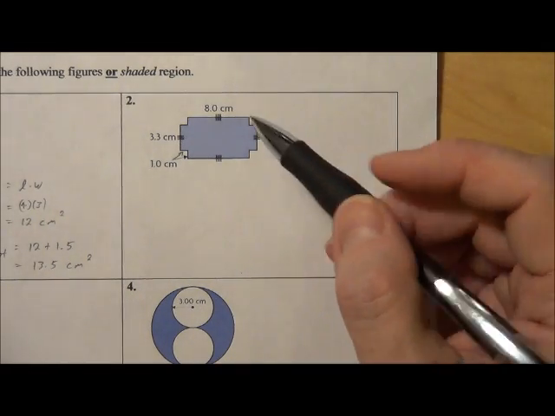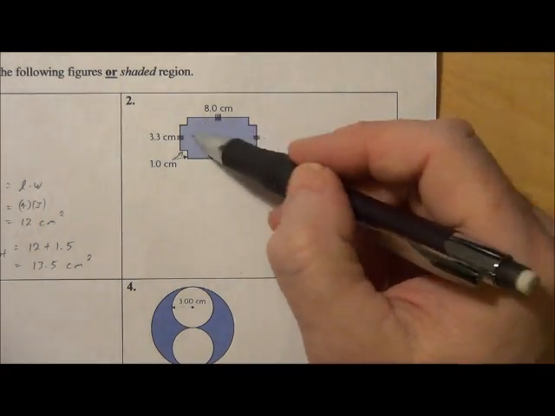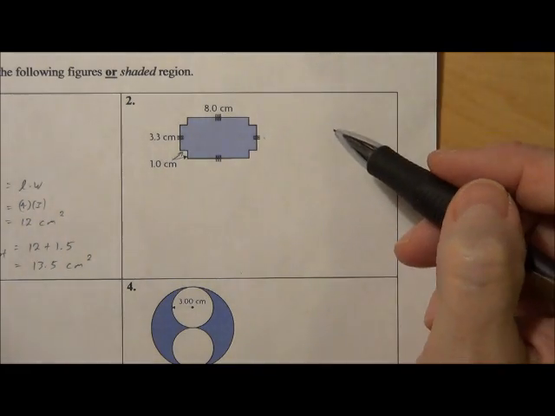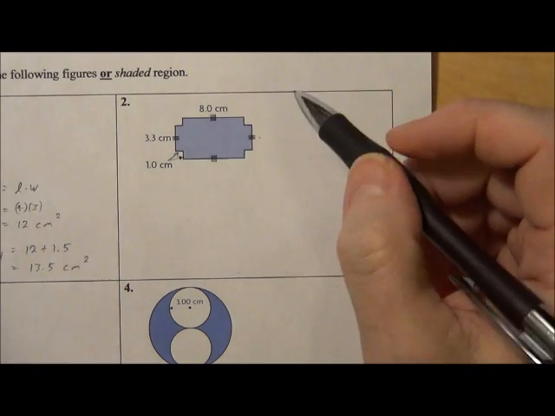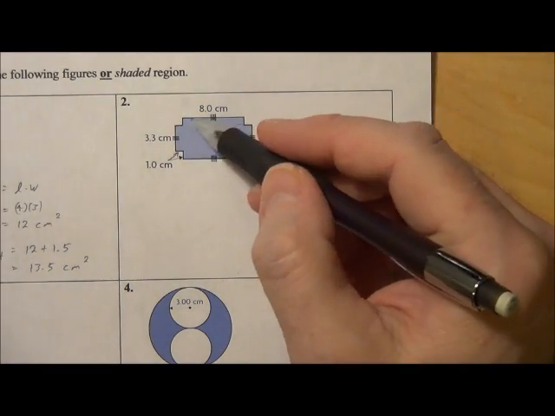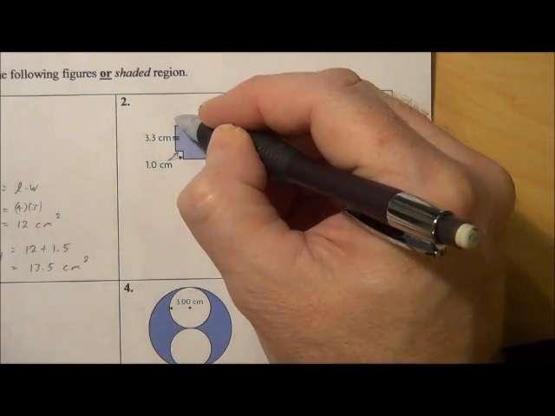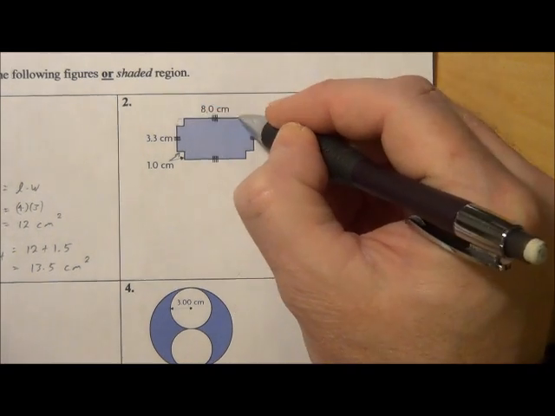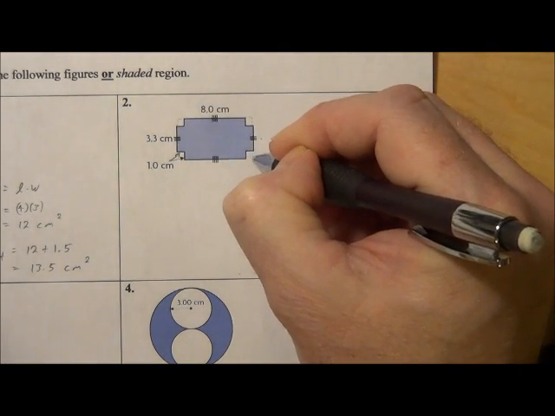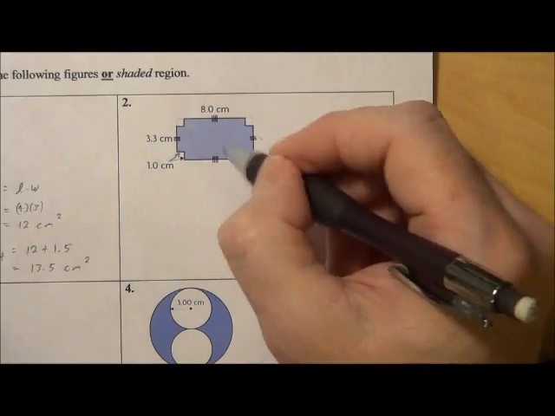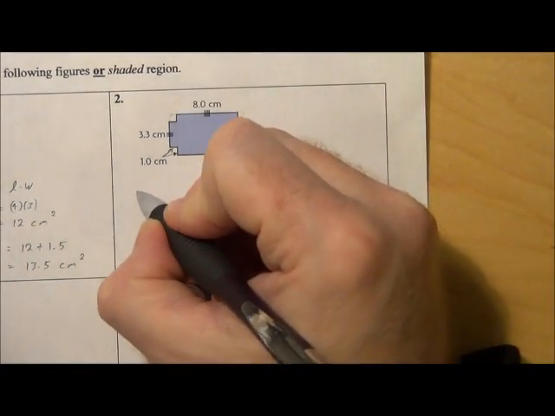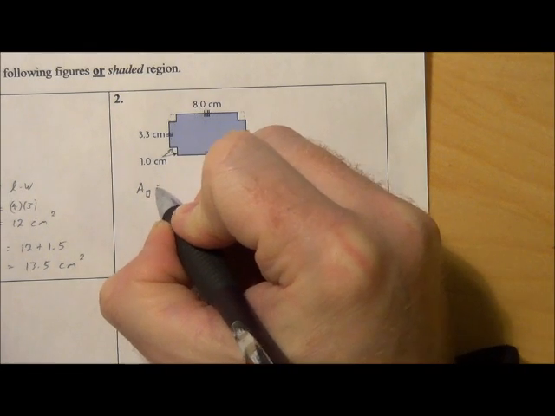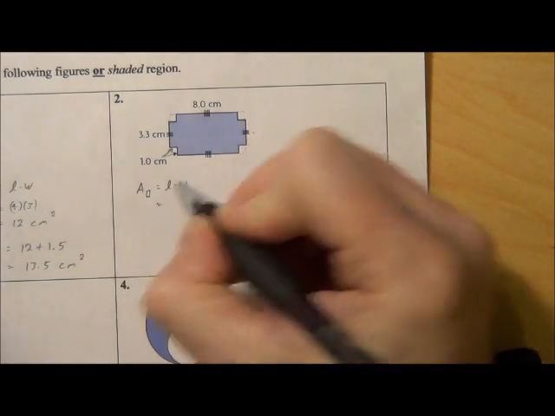So we could break this up into 5 rectangles and deal with those. I think what might be easier actually is to make this whole again, make this into one large rectangle, and then subtract off the 4 smaller ones afterwards. So the area of the rectangle, again, length times width.